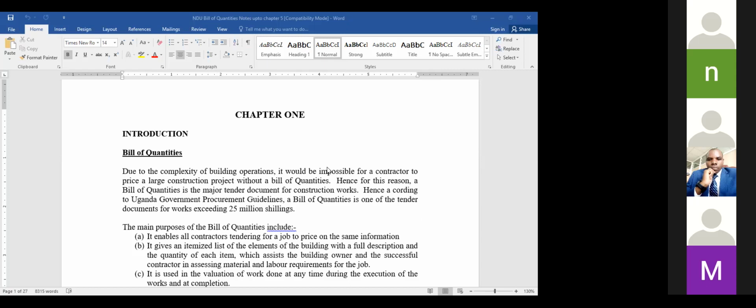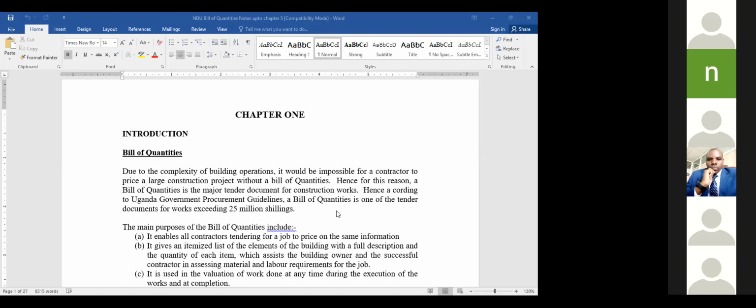For the quantity of works to be carried out, we look at what we call measurement of building works, because that's our focus for this course unit as per now.